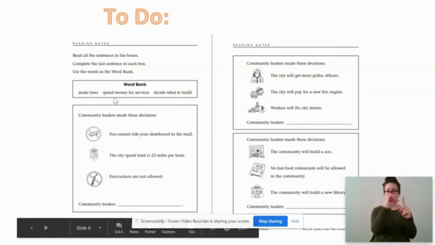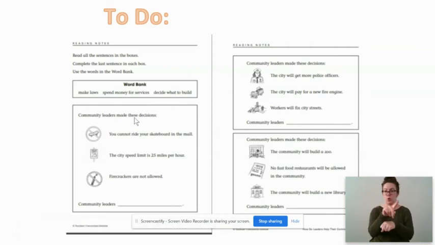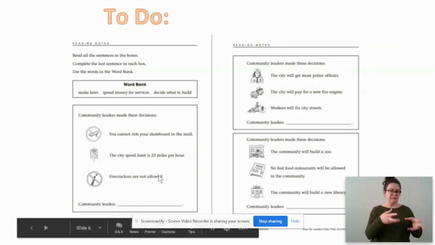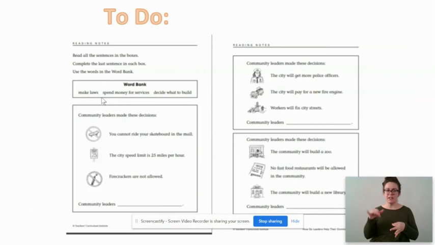So for example, community leaders made these decisions. You cannot ride your skateboard in the mall. The city limit is 25 miles per hour, and firecrackers are not allowed. So, with these three decisions that were made, were the community leaders making laws, spending money for services, or deciding what to build?